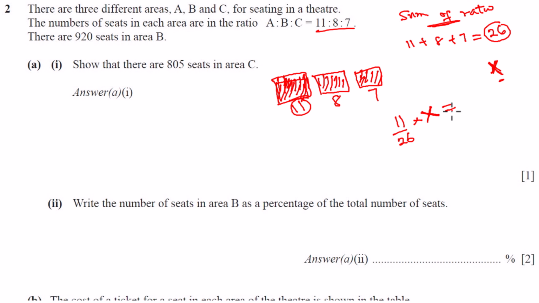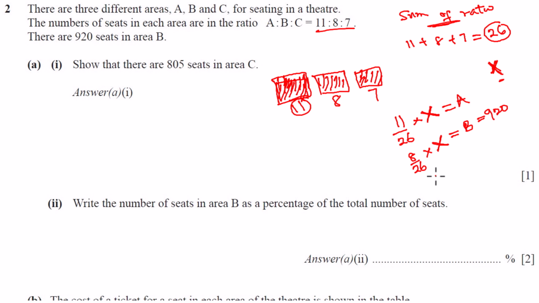is going to give us, they didn't give us a value for that. It's going to give us a value for A, and then going forward with B, 8 over 26 times X is going to give us the value for B, which is 920.